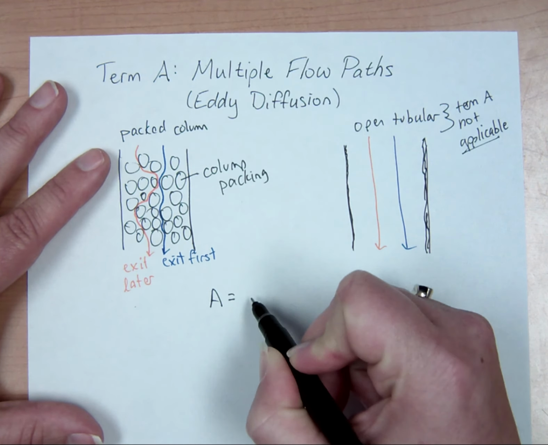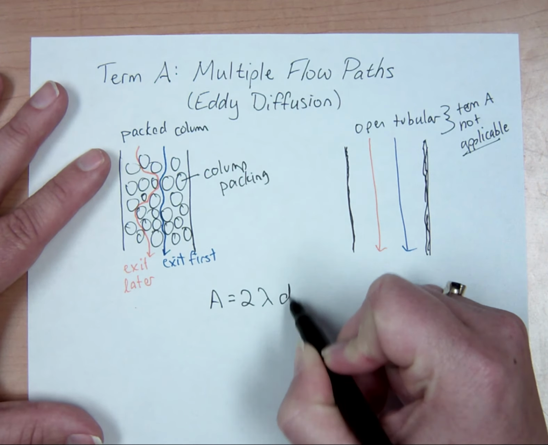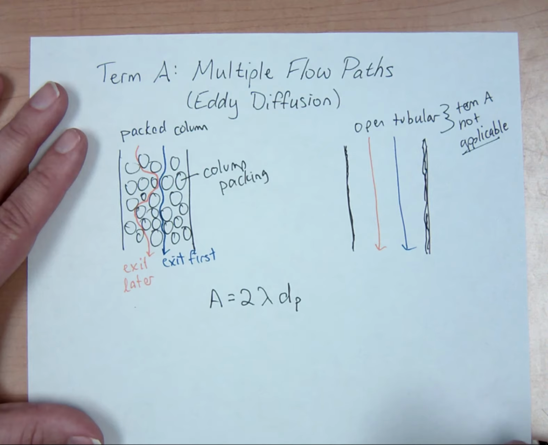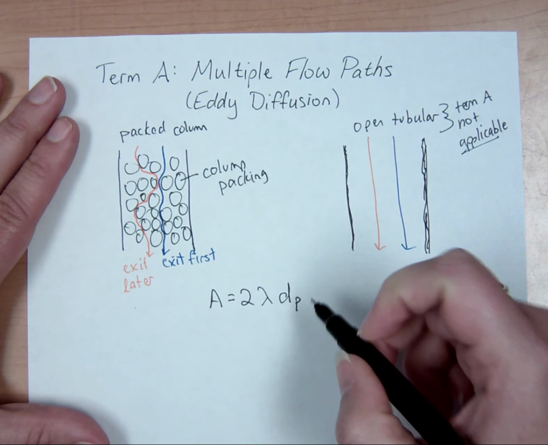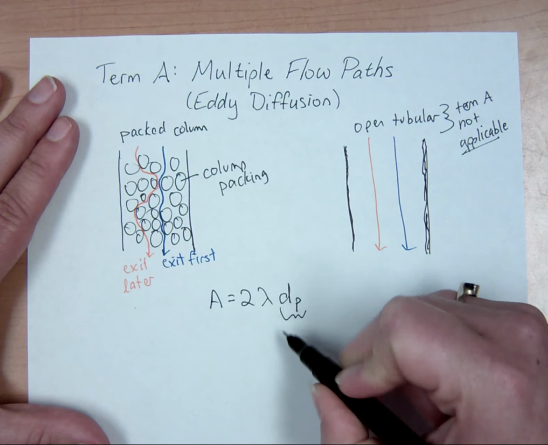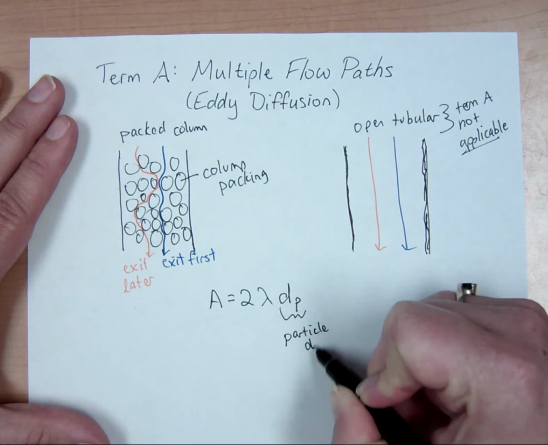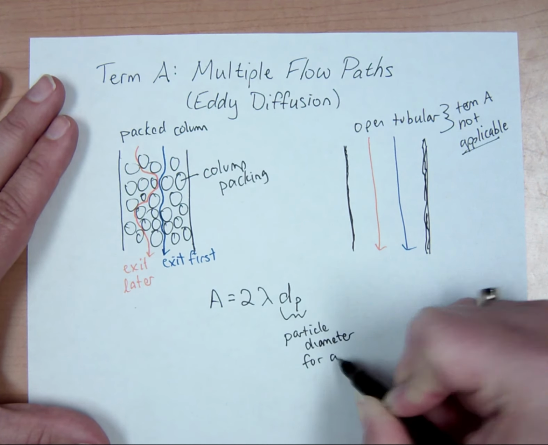Overall, we can say that the particle diameter is going to play a role. So we can write this term, if we were to define it in numerical terms, as A equals 2 lambda dp, where dp is our particle diameter, for a packed column.